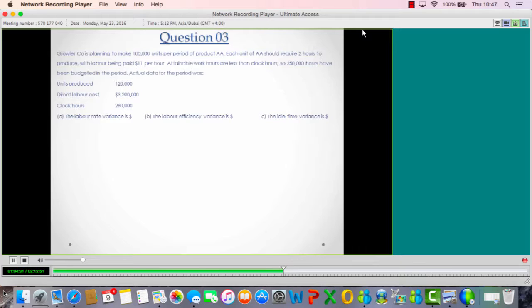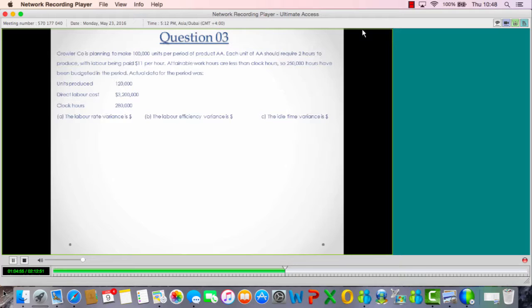In this question, they have not directly given you the idle time. So you need to make an assumption here that the budgeted efficiency is going to be applied to the clock hours. Because if not, how are you going to calculate part C? They are specifically asking for idle time variance.